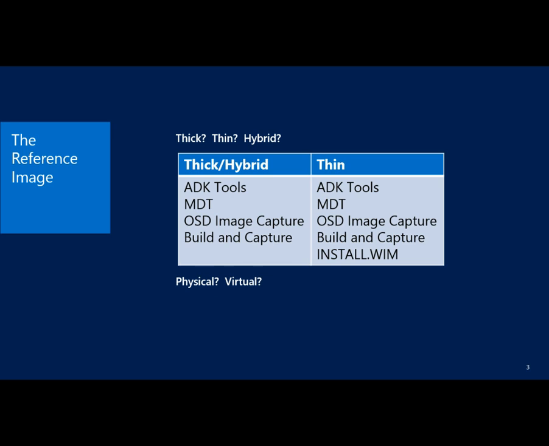Whether it's by using the build and capture task sequence or having a reference image that you build by hand, whatever, you're going to have to capture that if you're going to image. So if you need to capture, the question is, what's the best platform to capture on? Is it the physical system that you're intending to build, or would a virtual machine work just as well?